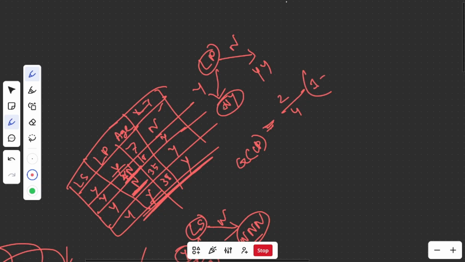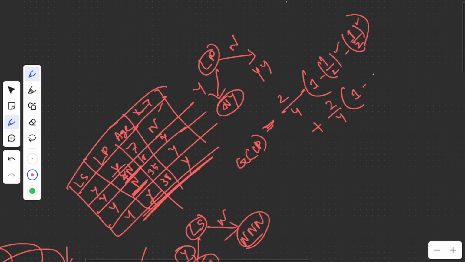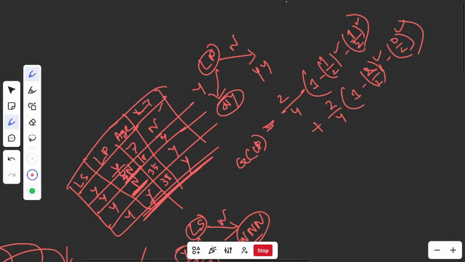So 1 minus, 1 out of 2 is no and 1 out of 2 is yes, plus 2 divided by 4 times 1 minus, 2 out of 2 is yes data and 0 out of 2 is no data. So this will basically be 0. So the total value will be 0.5.